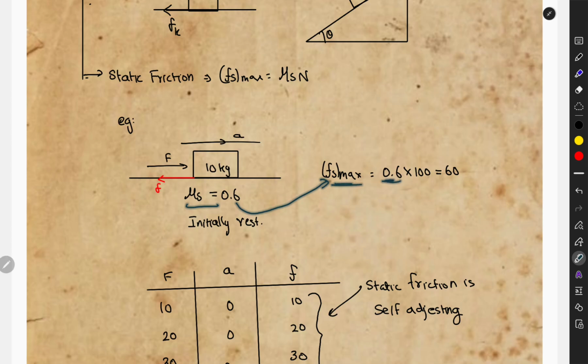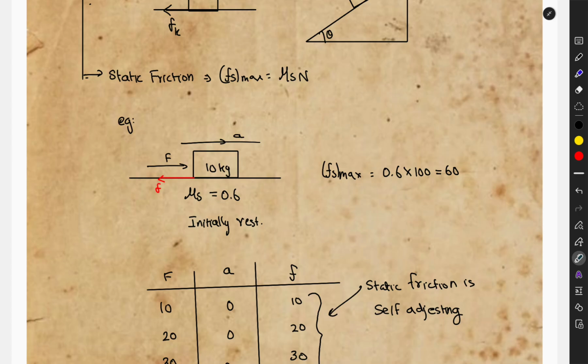This is the coefficient multiplied by the mass into gravity, which is mg and will actually be the normal force. That gives the value 60 newton. So basically 60 newton will be the Fs maximum value.